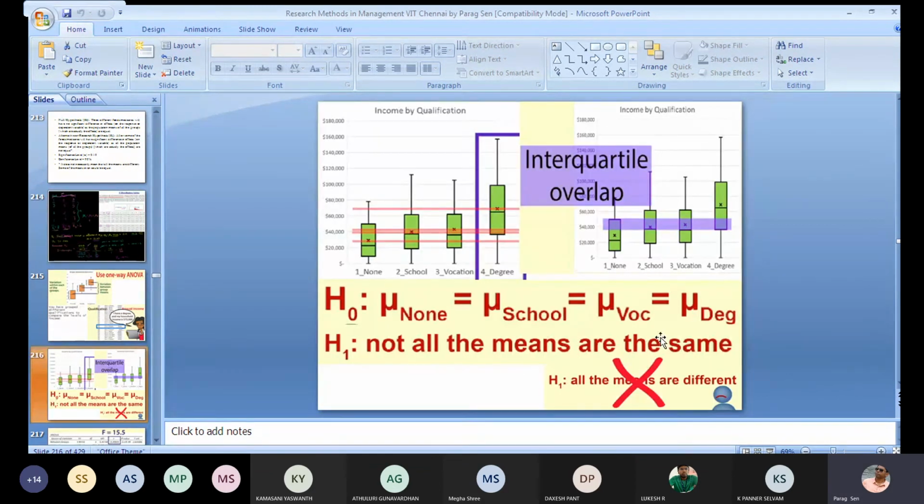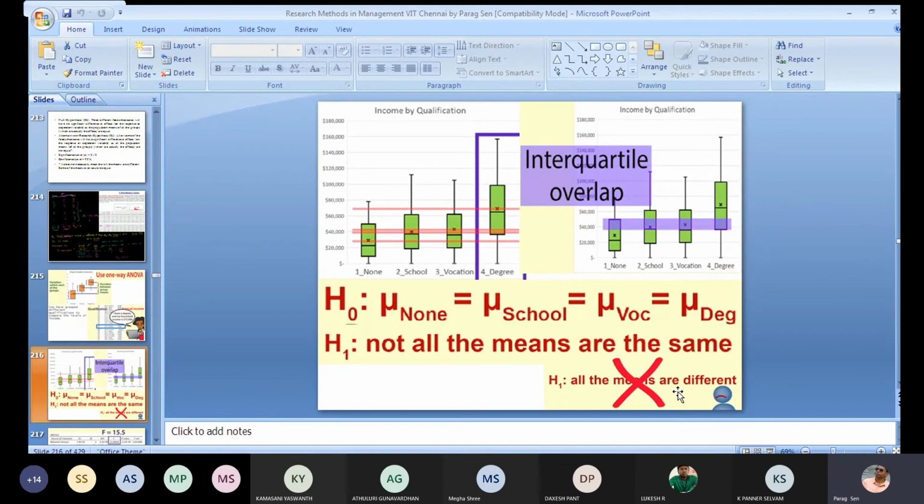It may happen that some means are same and some means are different.